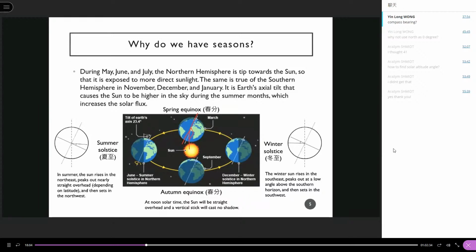So for March and September, the axis is neither pointing towards nor away from the sun. Then it is spring and autumn. And the Earth will be like this.